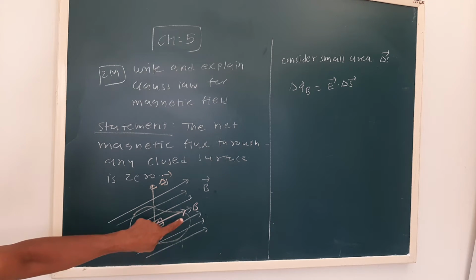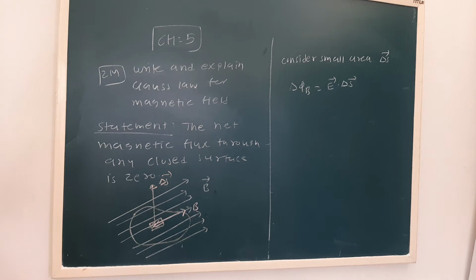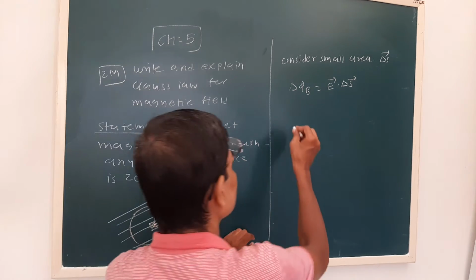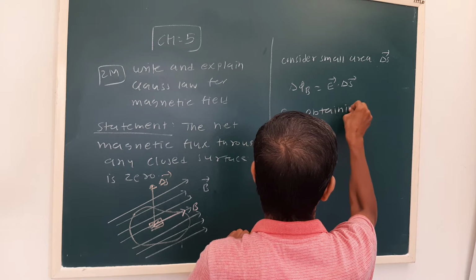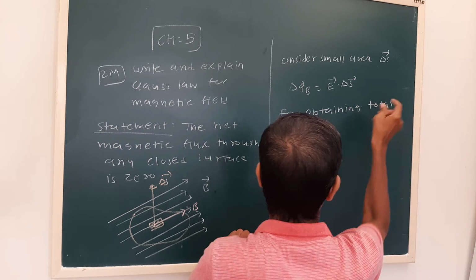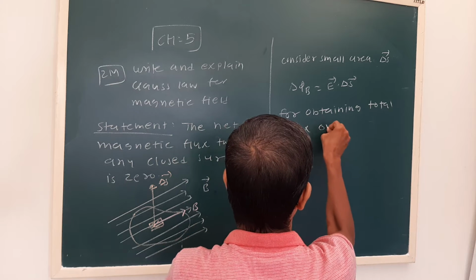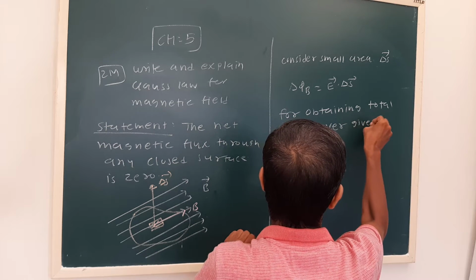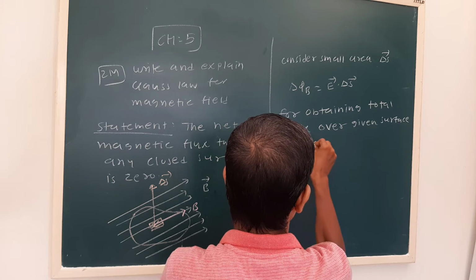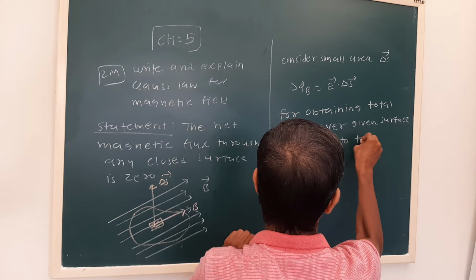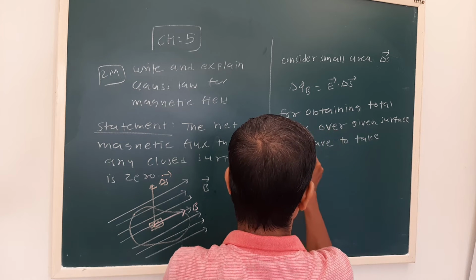Suppose we have to find out the magnetic flux through any closed surface. For obtaining the total flux over the given surface, we have to take a summation.